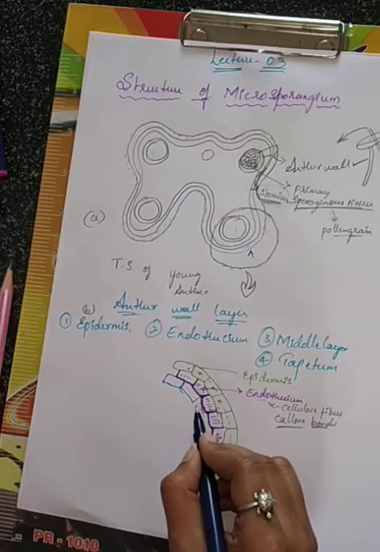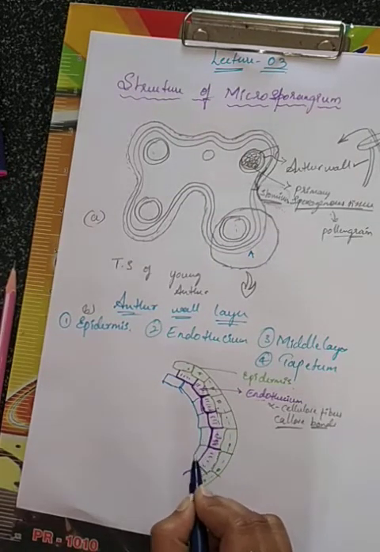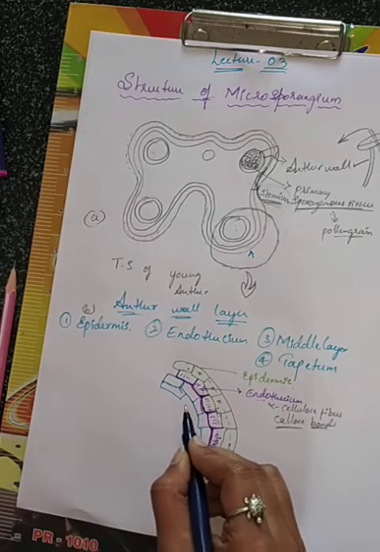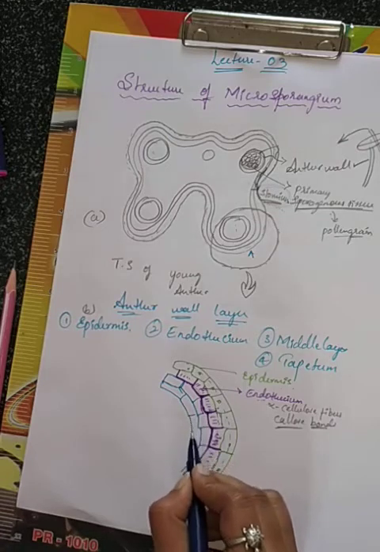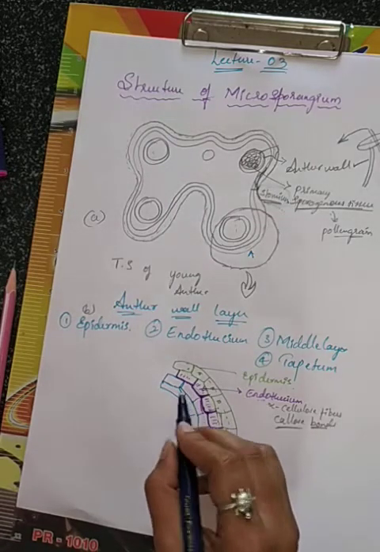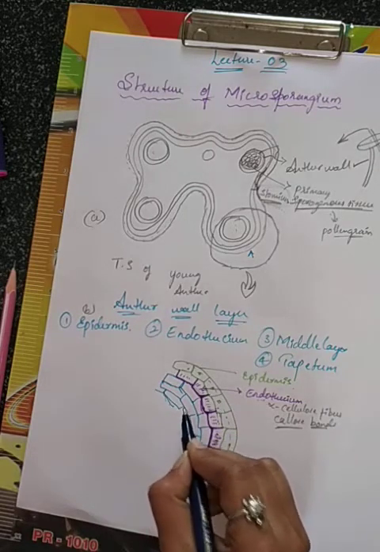This is what the middle layer actually is. The middle layer will be 1 to 2 layers. I am drawing here 2 layers of the middle layer. Let me draw one more line also. This is what the middle layer actually is.